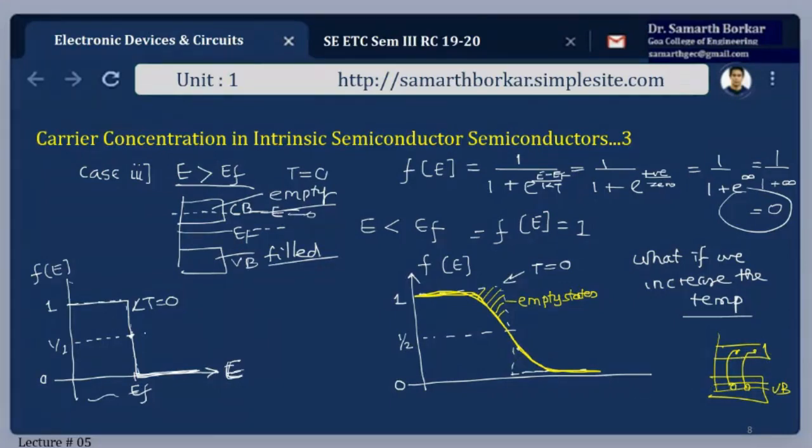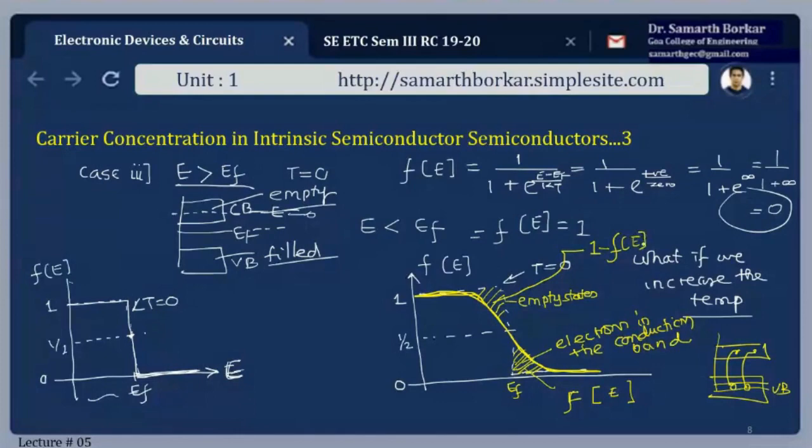So it is represented here in this region now. So this is electrons in the conduction band. So this value we are obtaining from this equation f of E. Okay, so this region is referred to as f of E. This is Fermi level, and since we are dealing with the probability, here this will be 1 minus f of E. So this is important.